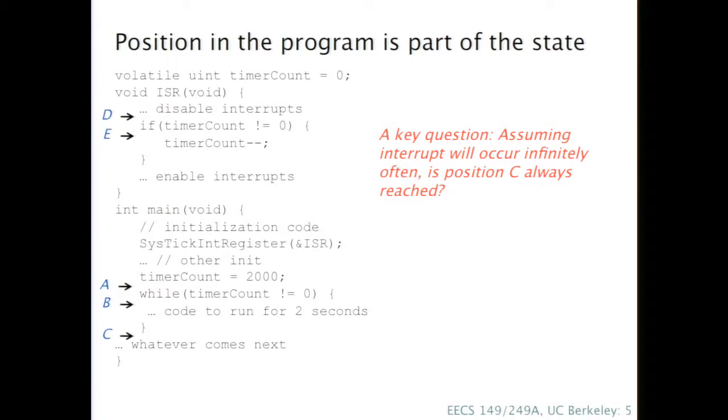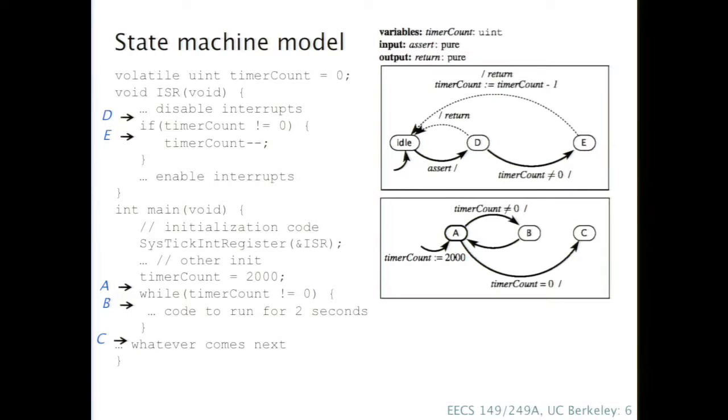So let's try to apply state machines to this model. Here are two state machines for the two parts: a main program and an interrupt service routine. In good engineering practice, I want to modularize this program, so I'm going to describe each of these two components using a state machine. There are many choices, by the way.